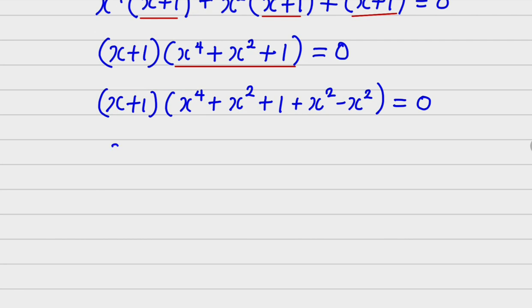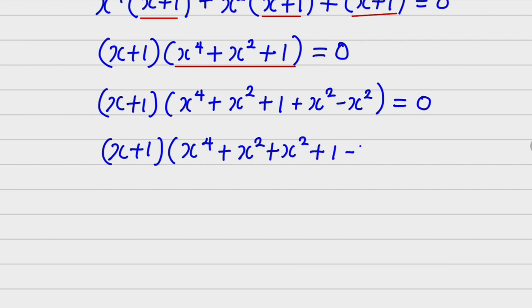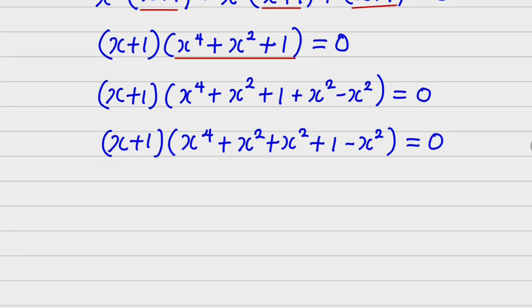Now, rearranging it further, I'm going to have x plus 1, then into x to the power 4, then plus x squared plus x squared, then plus 1 minus x squared is equals to 0.